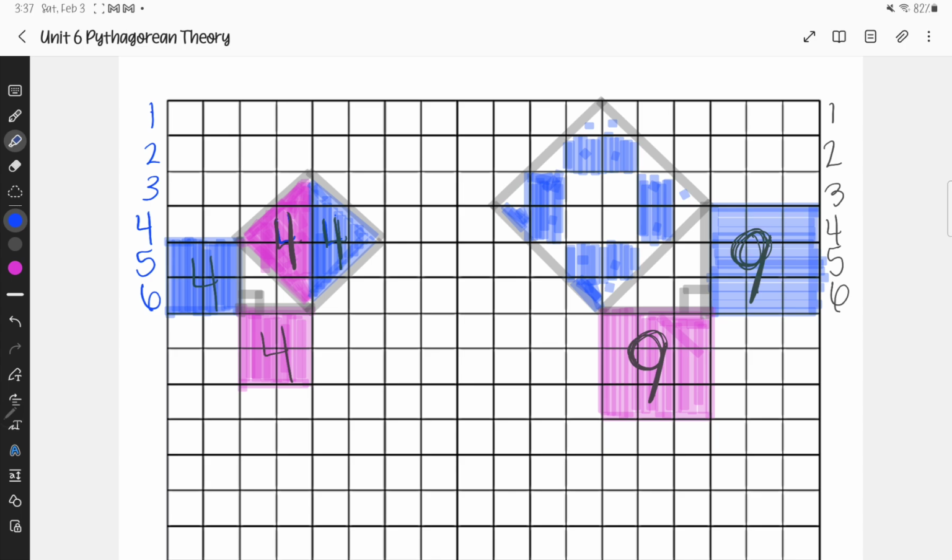Oh, I did too many. See, I get all wanting to do a pattern, then I get too many. So let's try this again. We just need 9 total squares. Okay, so I'm just going to shade, and we'll keep it easy. There's 2, 4, 6, 8, and then I'll do this one as 9.